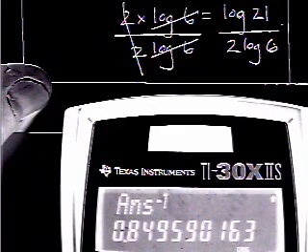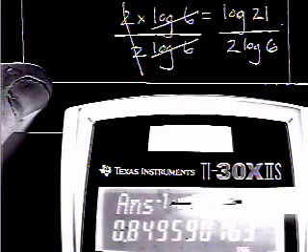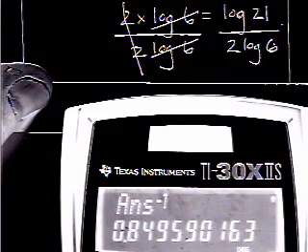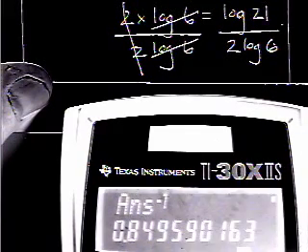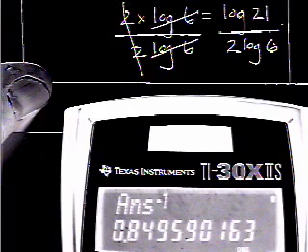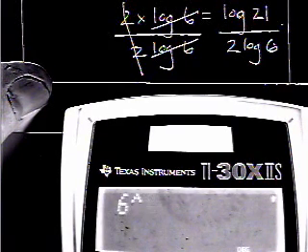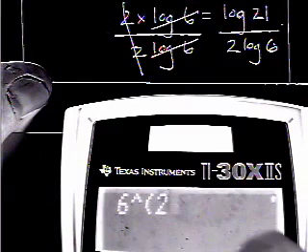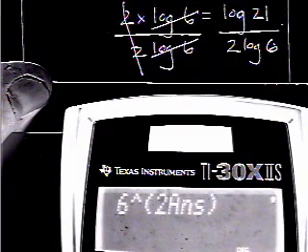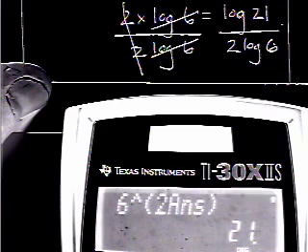I don't know if you recognize this trick, but anything raised to the negative 1 power will flip the base. So now I have the correct answer. If I took my answer before and had done this, I would have gotten the correct answer. Now when I do 6 caret parenthesis 2 answer, I will get 21.